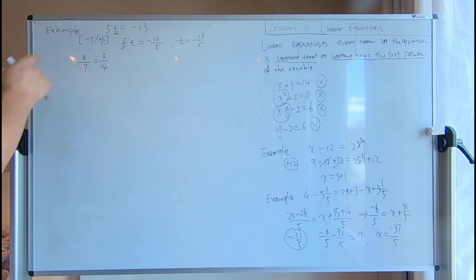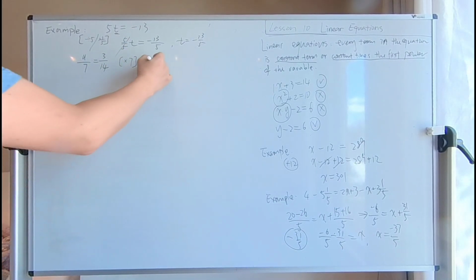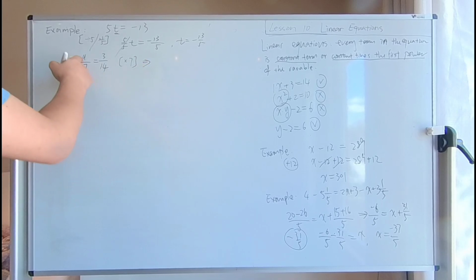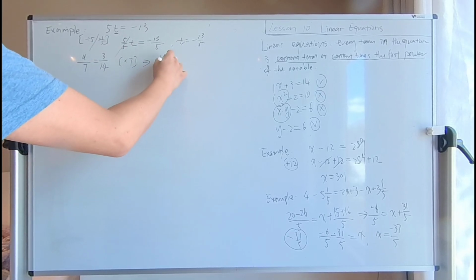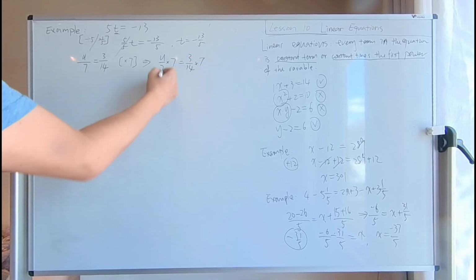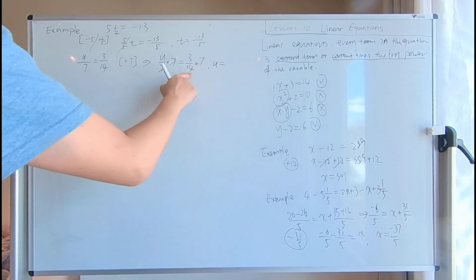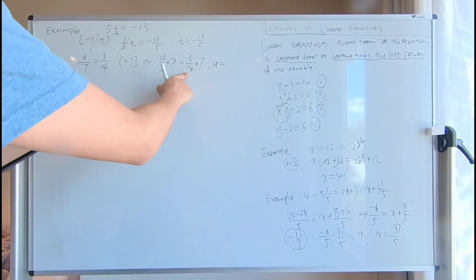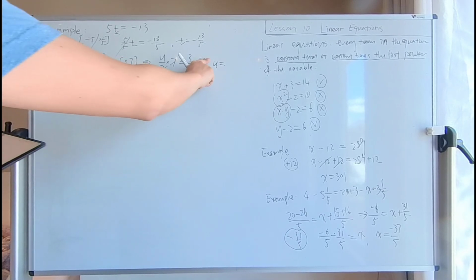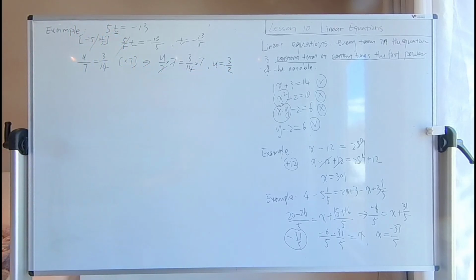This time I have u over 7, which means if I want to isolate u, I need to multiply by 7 on both sides to get u over 7 multiplied by 7 equals 3 over 14 times 7. Then this 7 and 7 are gone. I have u equals this. 14 is 2 times 7, so if you cancel out 7, this has 2 left. So it's 3 over 2.